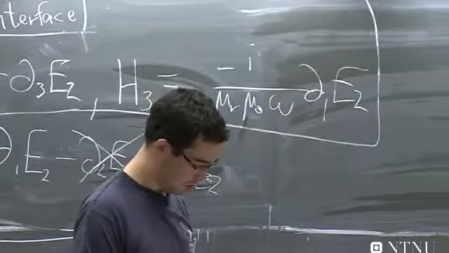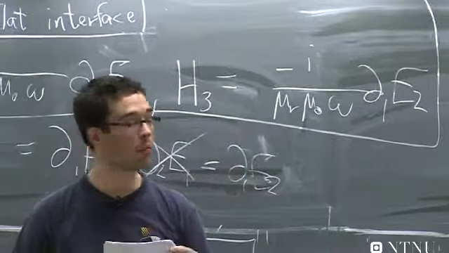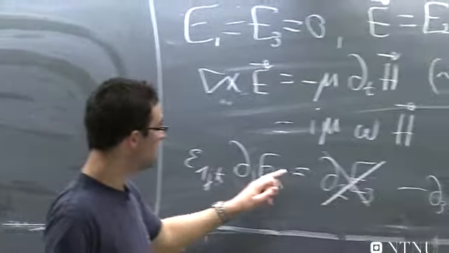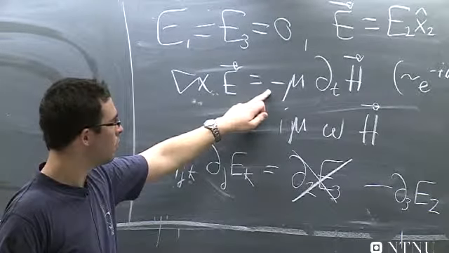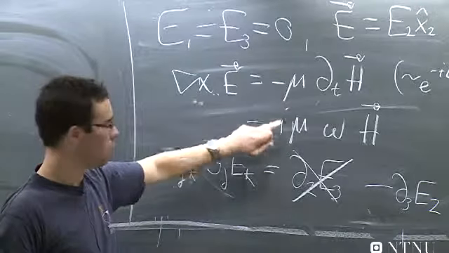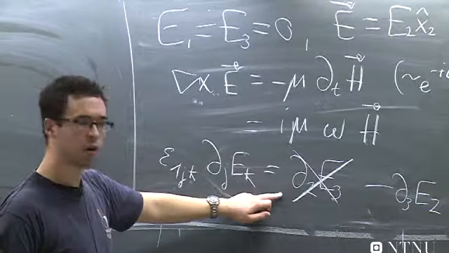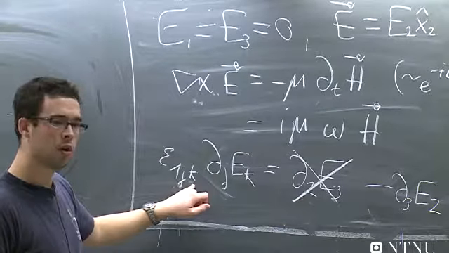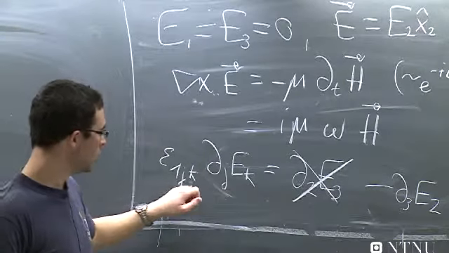Okay, let's see. So when I determine E, there's a minus where? Here? Minus E2. There should be something here, you mean? No, further down. Here? Yeah. Is there a sign error? 1, 2, 3 is plus. 1, 3, 2 is minus.